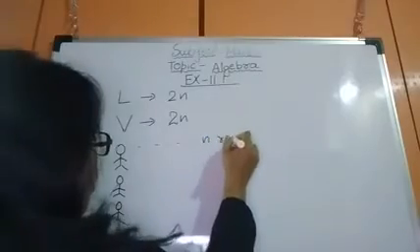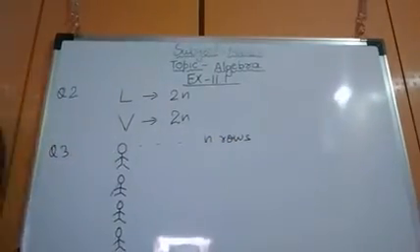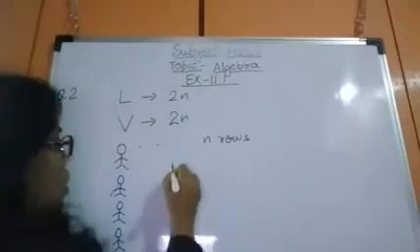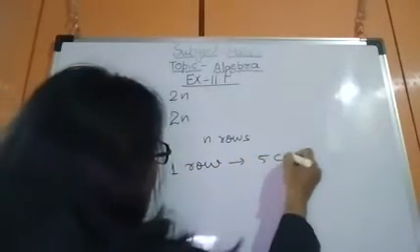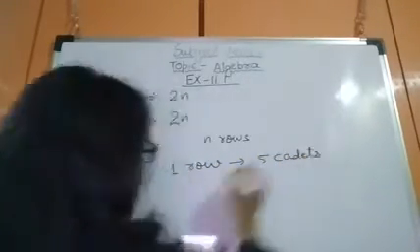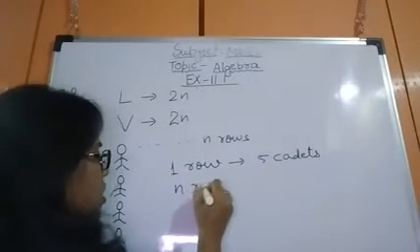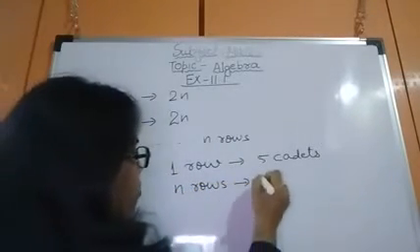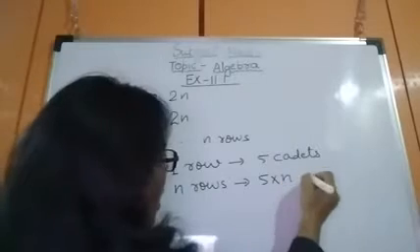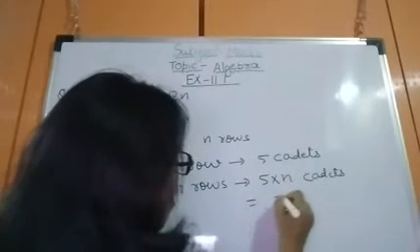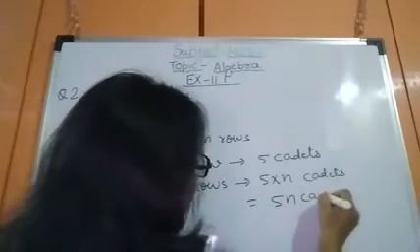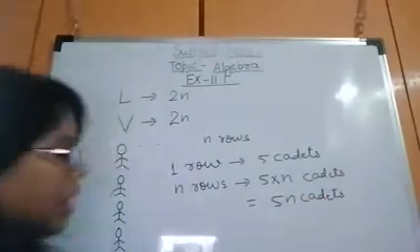N rows are there. In one row, 5 cadets. Fine. So in n rows, it will be 5 multiplied by n. Cadets means 5n cadets. Fine.